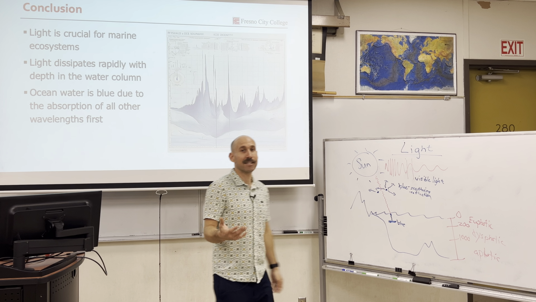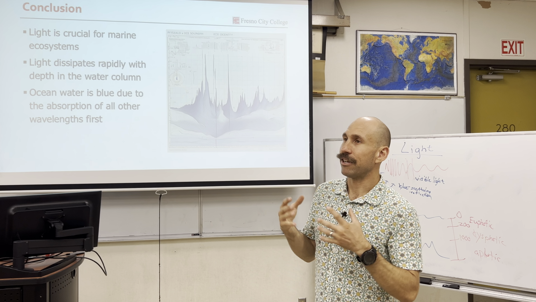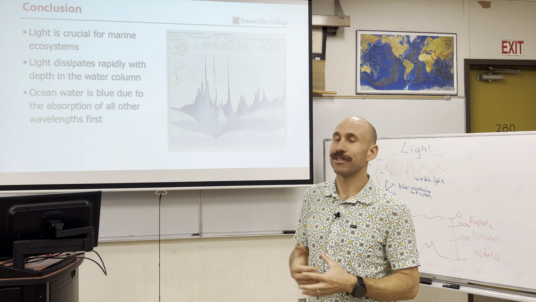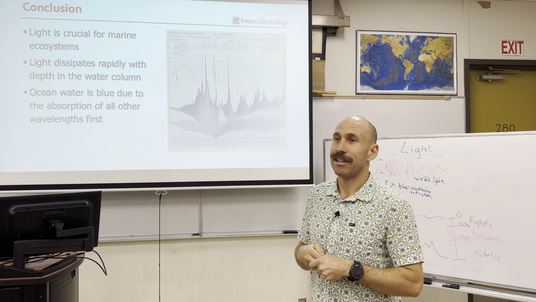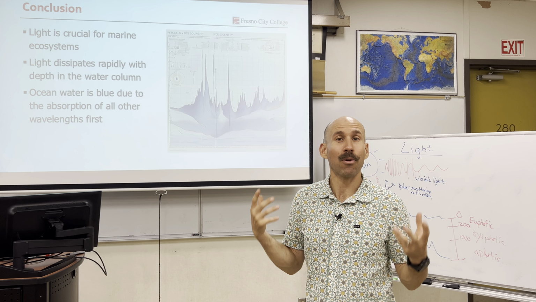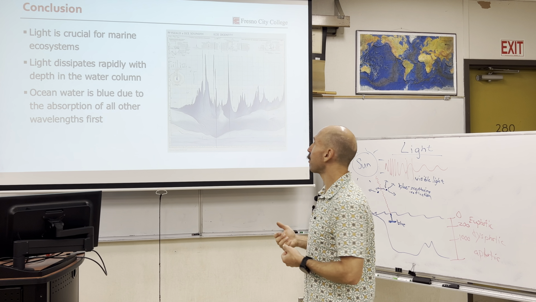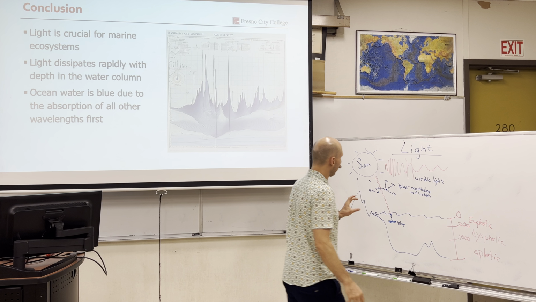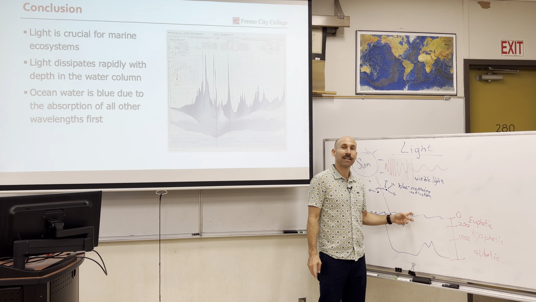So light is essential. The sun, thank goodness we have a sun that shines so brightly every single day. It's very dependable. I'm grateful for the sun. The sun is the primary source of energy for all life on Earth. On land, in the oceans, it fuels primary productivity, and that primary productivity happens in the euphotic zone where light is abundantly available.